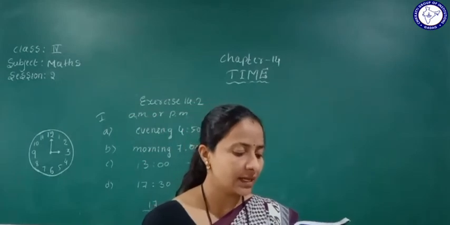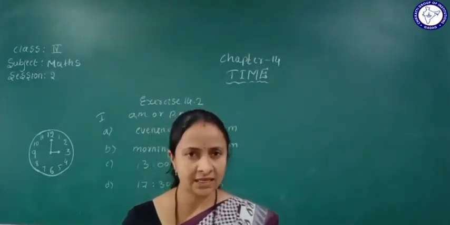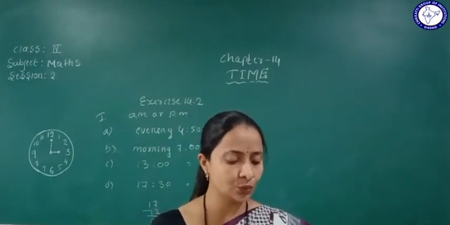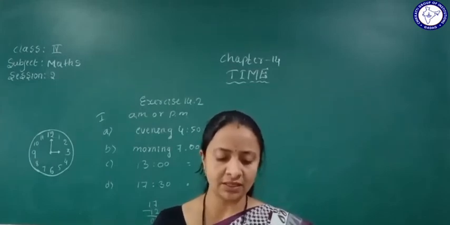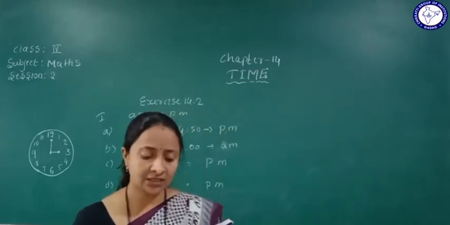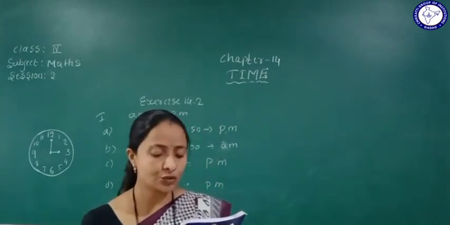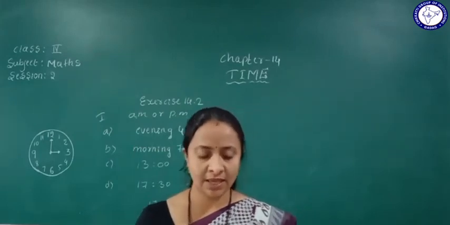Next, takes bath in the morning at 6:30. That is also anti-meridian. She helps her mother do the household work from 7 to 8:30 morning. That is also AM. She goes to school in the morning at 8:30. That is also AM.